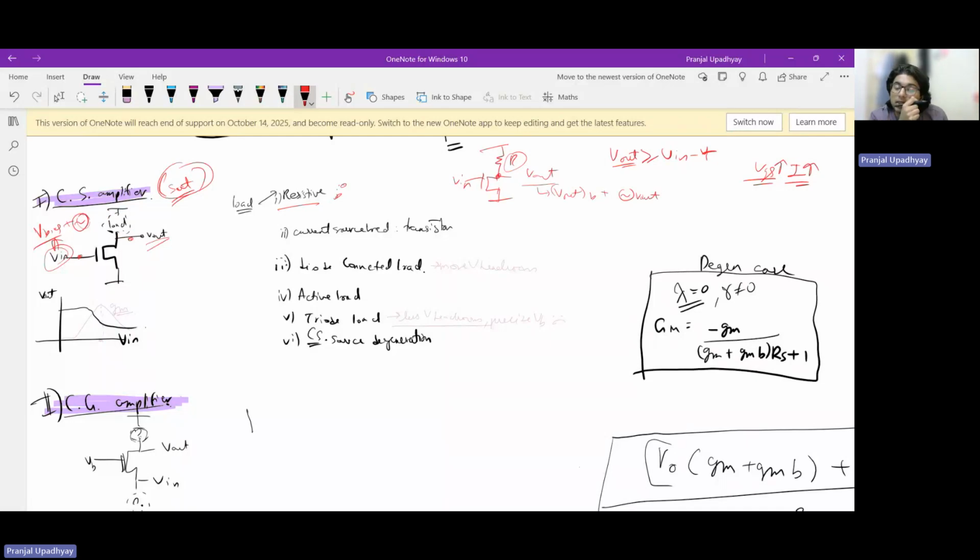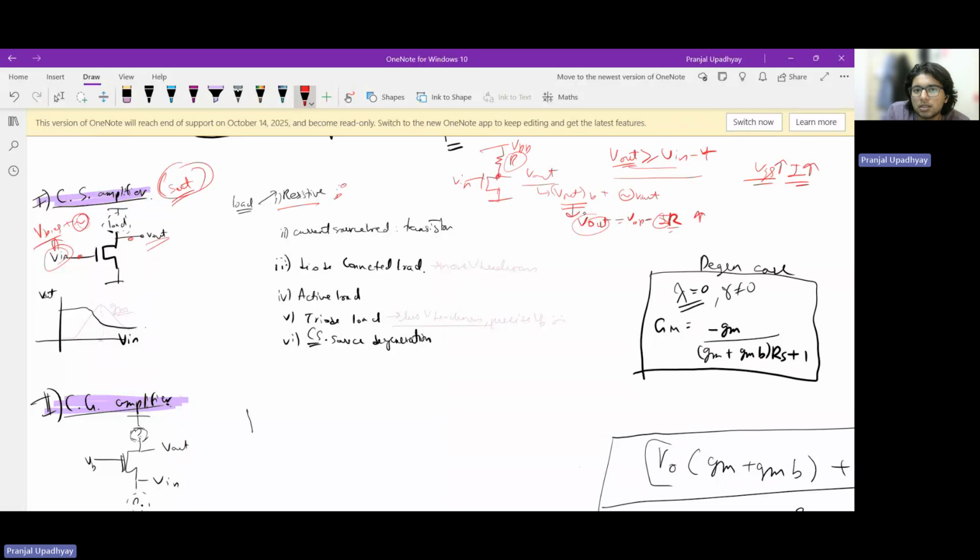So the problem is that if the current is too high, the resistance can drop the value from VDD to such an extent that it can go out of saturation. Because this V out bias value is VDD minus IR, and if this I keeps on increasing, it can become low enough that it falls out of saturation and this condition is violated.